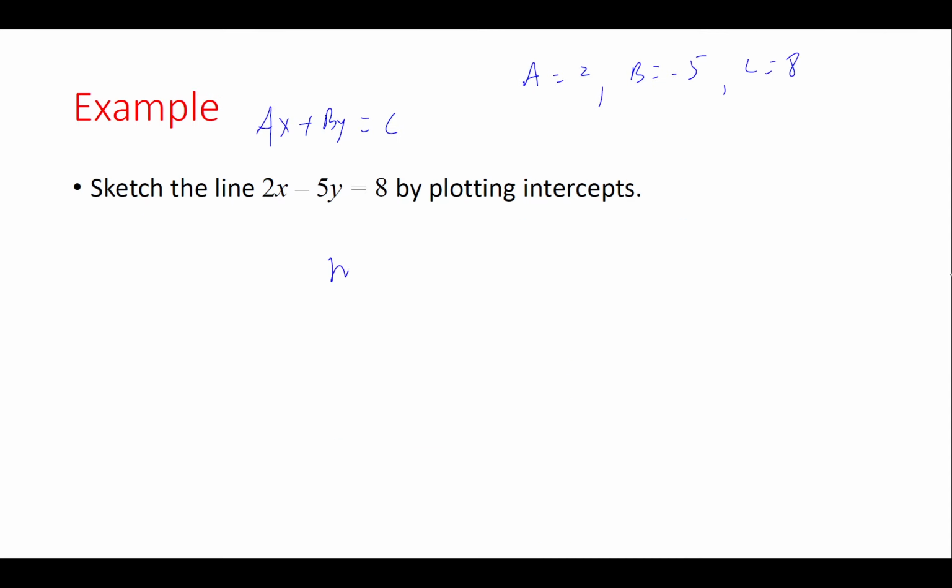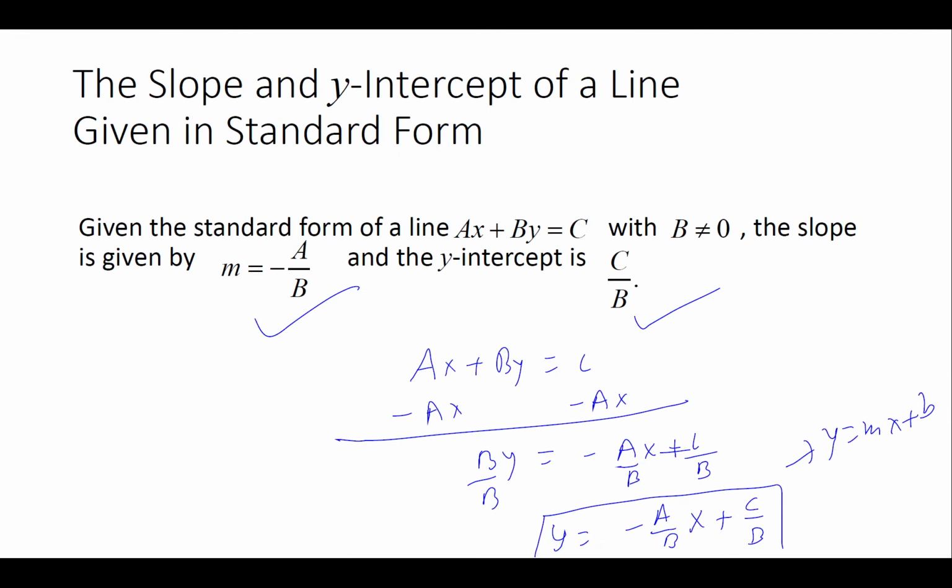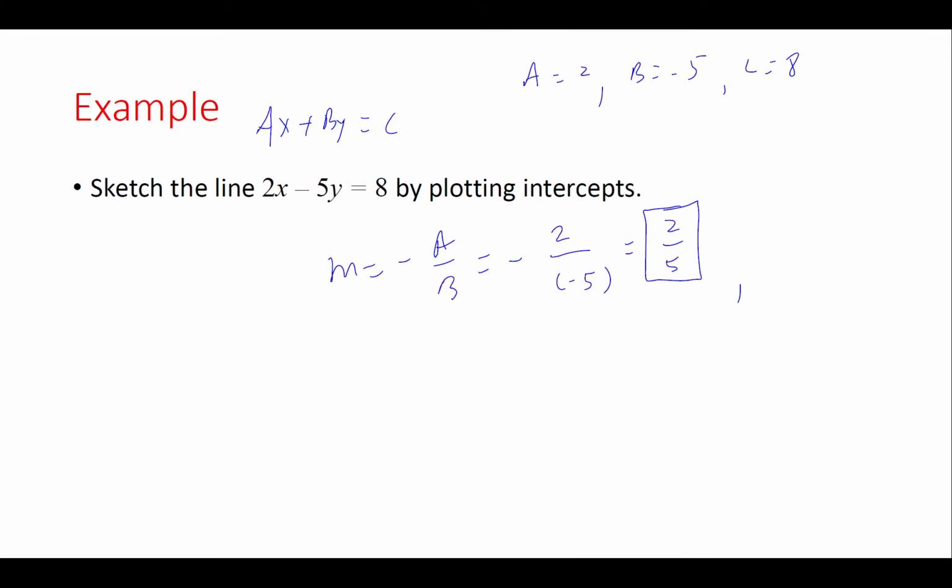So slope is negative a over b, where a is 2 and b is negative 5. This negative and this negative become positive, so eventually the slope is 2 over 5. And constant c is 8, so the y-intercept is c over b. What is c? C is 8. What is b? B is negative 5. So it's eventually negative 8 over 5.